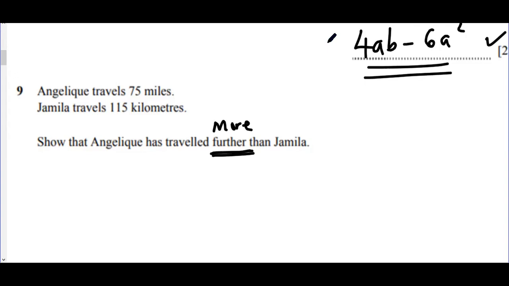Remember, Angelique traveled 75 miles. So we need to know, how do we convert miles into kilometers? Okay, now tell me, how do we convert miles into kilometers?